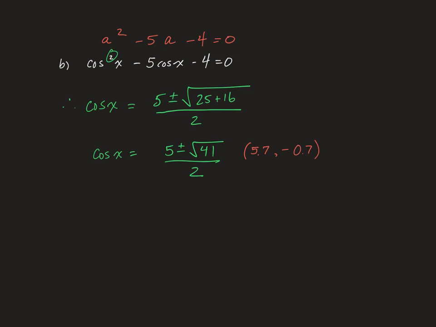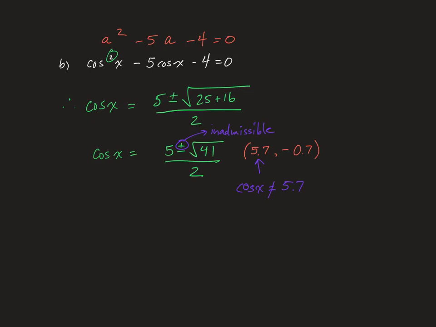Okay, I'm hoping, given our discussion from prior, that you know that cos x cannot equal 5.7 because the maximum value of cos is 1. And so this positive is actually inadmissible. It does not yield a result.